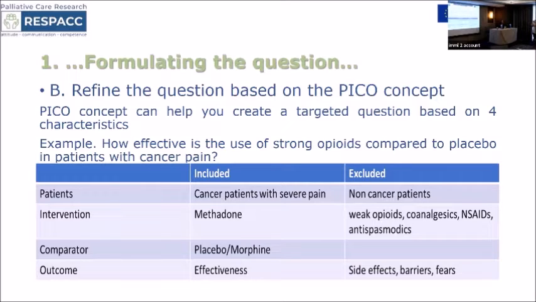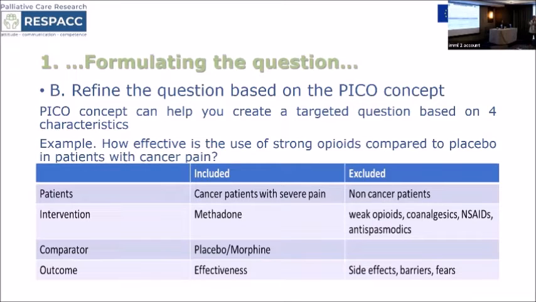And it might not even be specific enough, because maybe I want to look just at chronic pain, because I can have cancer patients with severe acute pain, mucositis after chemotherapy for example, and I don't want them here. So I don't want non-cancer patients. I don't want acute pain, even if it's cancer pain. So this is excluded. So I know what is included.